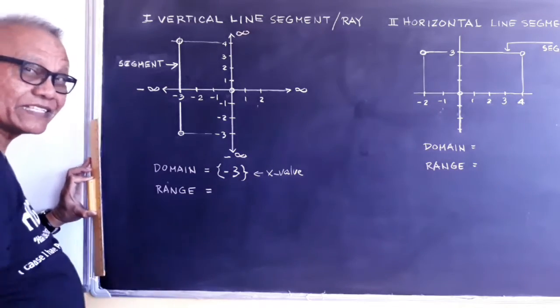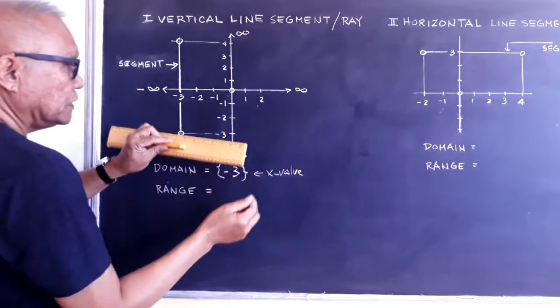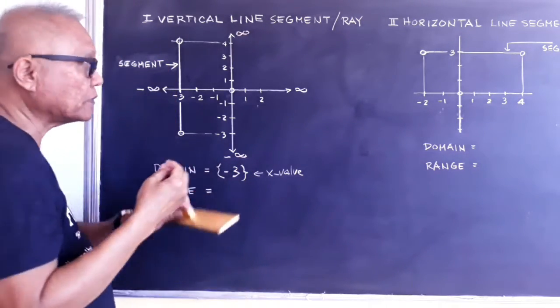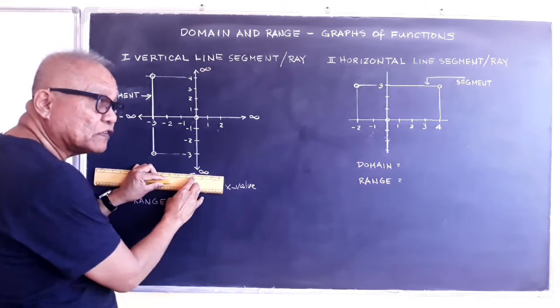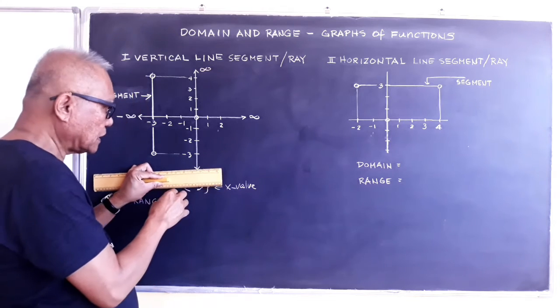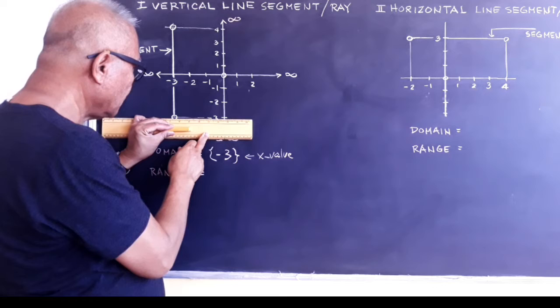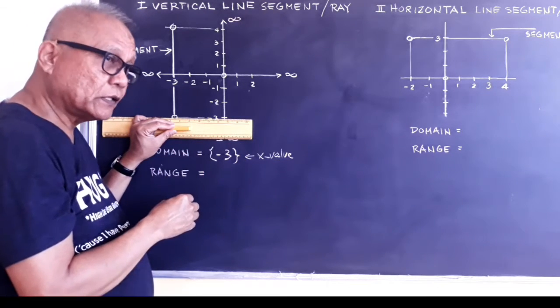Now, what about the range? The range test is the horizontal. So we need the line to intersect our line segment. If we start from the bottom here, the negative infinity does not intersect anything. Then -3 is the end, but -3 is not included.